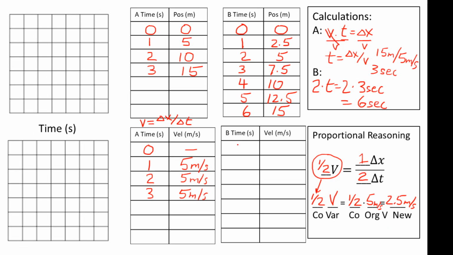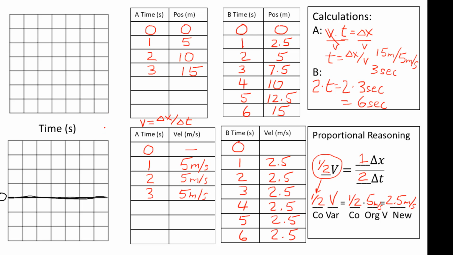So we'll look at B, time and velocity. At a time of 0, we don't have any information. After 1 second, it's moved 2.5 meters, so 2.5 meters per second. After another second, it's moved an additional 2.5 meters, so 2.5 meters per second. You get the idea.